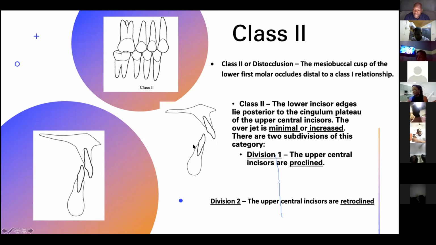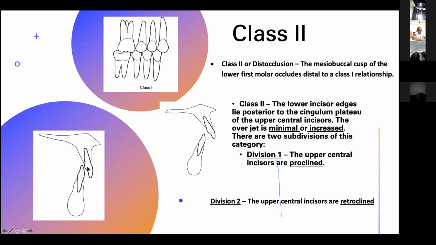Now, what makes this a division 1 and a division 2 is the positioning of the anterior maxilla. If you look at this upper central incisor, it is proclined, and proclined just simply means pushing forward. Now, if we look at division 2, the upper central incisor is retroclined, and retroclined is essentially pushing inwards.